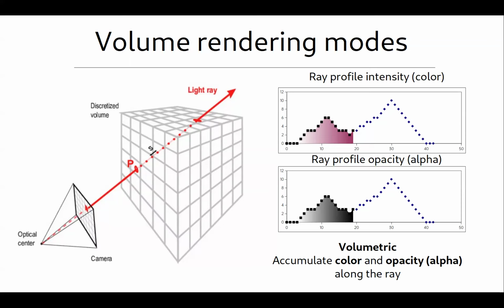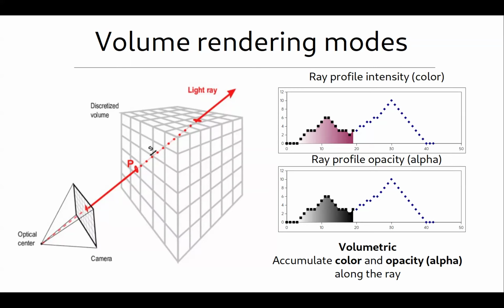The rendering engine accumulates how light will pass through this kind of medium. We know from everyday life that if you put a lot of semi-transparent objects together, at some point you stop seeing through them. So the opacity accumulates, and this creates the visual effect of real 3D objects. This is what happens in volumetric mode.